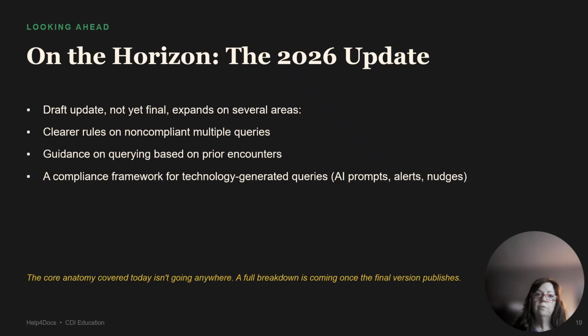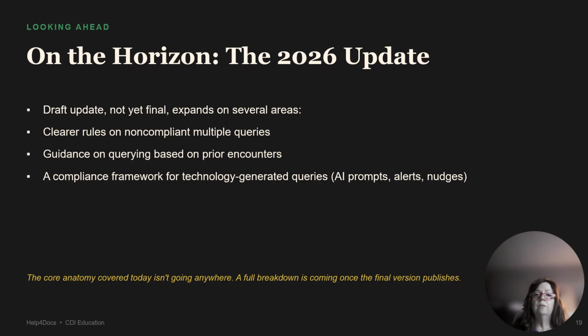Okay, so that's pretty much a wrap, but before we close, I want to give you a little preview of what's coming up. With the 2026 draft update, again, that's not yet final, but it will expand on a few areas: clearer rules around what counts as a non-compliant multiple query, guidance on querying based on prior encounters, and more notably, a compliance framework for technology-generated queries as we become more technology-driven, right?